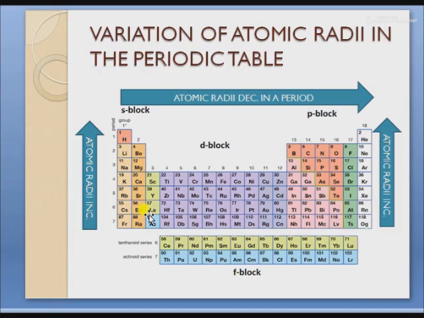Here, the effect of adding a new energy shell is so large that it outweighs the enhanced nuclear charge. That's why the atomic radius increases. Similar trend is for covalent and ionic radius. It means covalent and ionic radius both increase down the group.